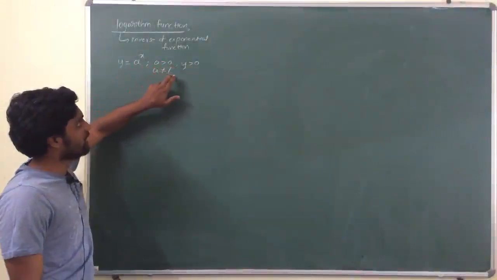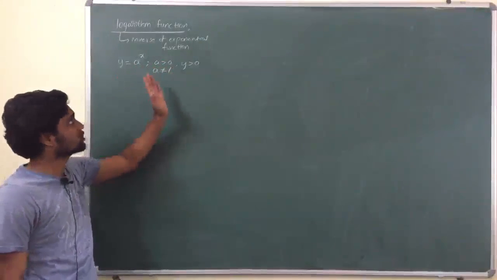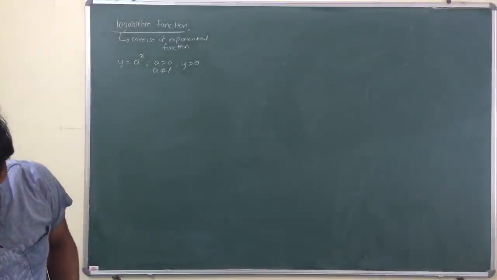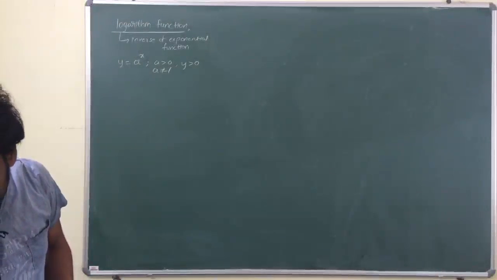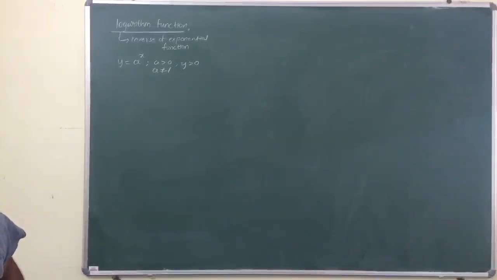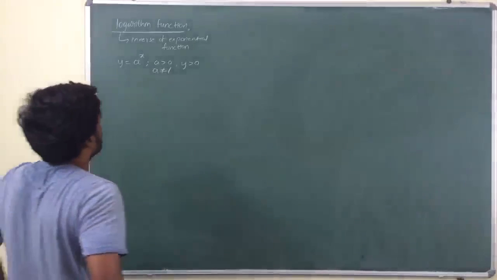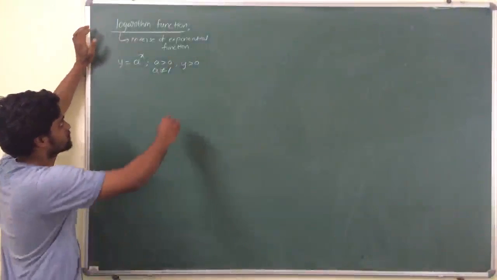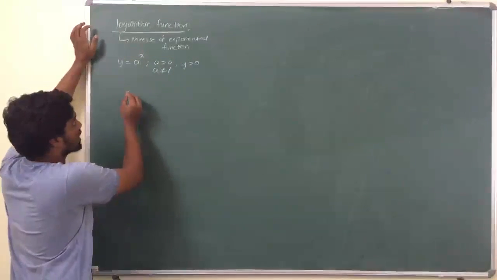So this is the definition of the exponential function. Okay, I'll write it big. So y is equal to a power x, a greater than 0, a not equal to 1 is the exponential function.